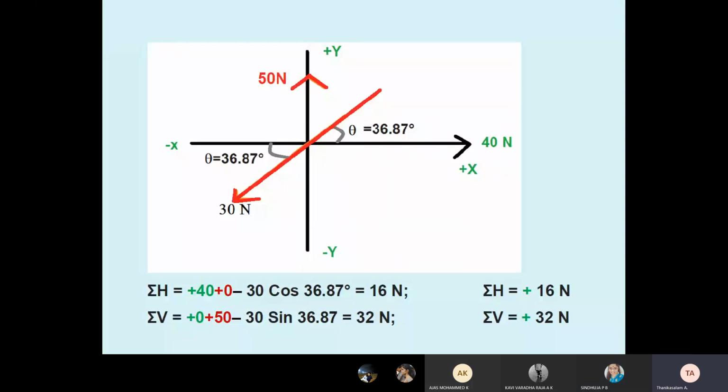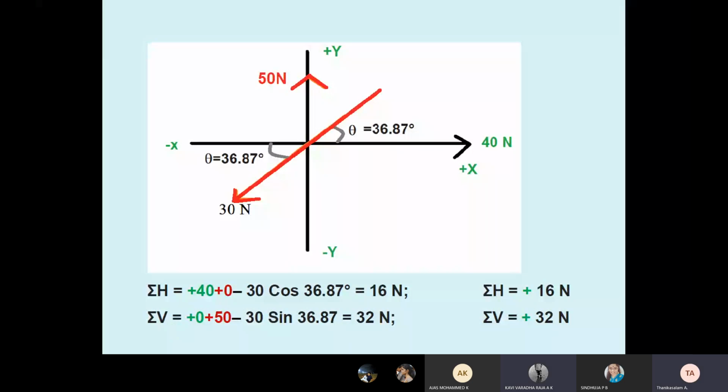Why did I put 0 in the first horizontal? Can you explain why I have written plus 40 plus 0? What does the plus 0 mean? Kaviraja, do you understand?